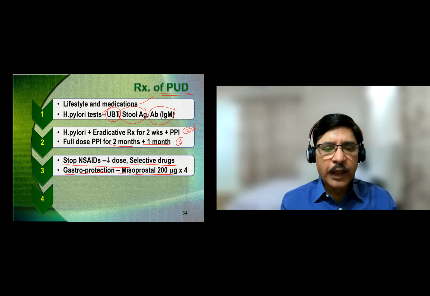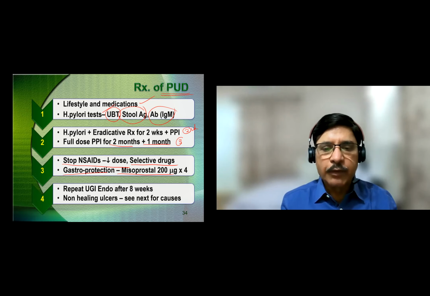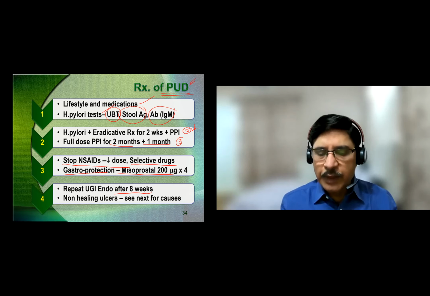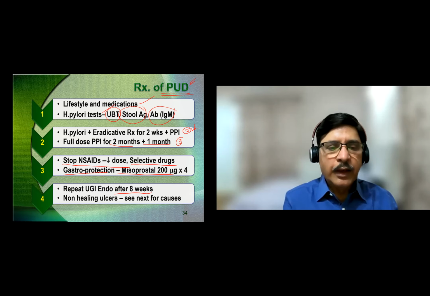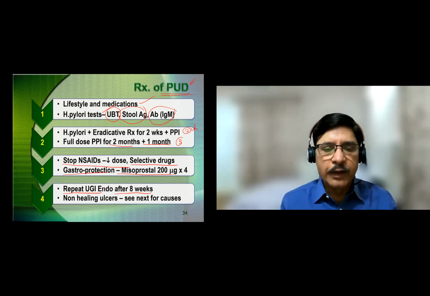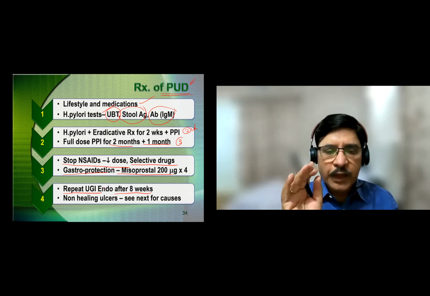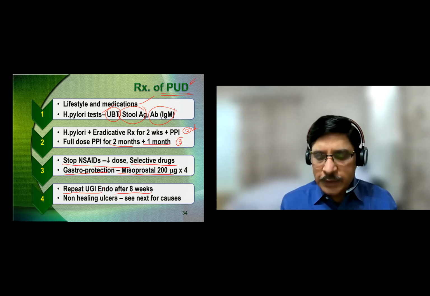Then you repeat UGI endoscopy after 8 weeks to see if the ulcer has healed. A non-healing ulcer can turn malignant, which is why repeat endoscopy is required here. There is no repeat endoscopy for non-ulcer dyspepsia, chronic gastritis, or GERD. There is a repeat endoscopy for ulcer disease.